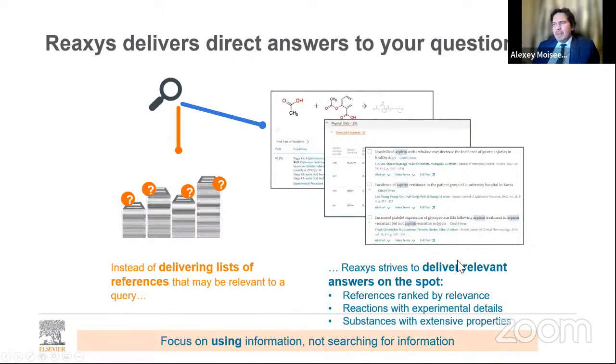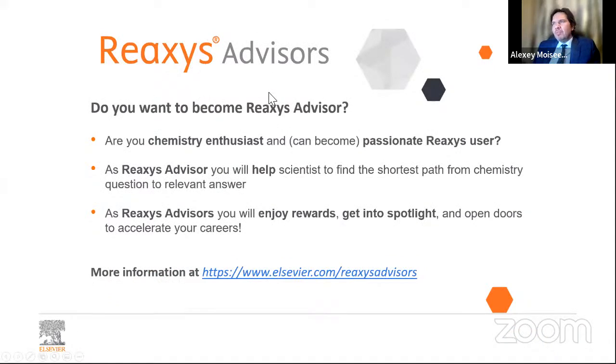And it's really focused on using information, not searching for information, not spending a lot of time on information. So it's really decreasing your time of finding the information in the database.